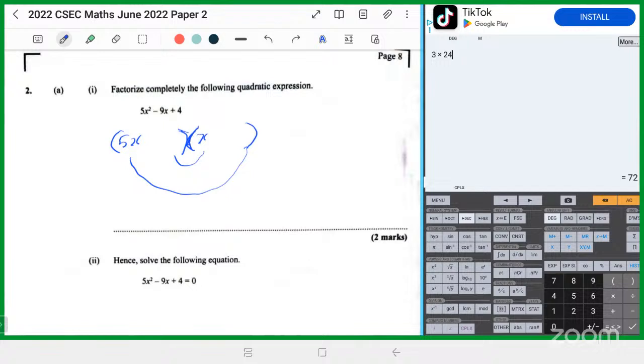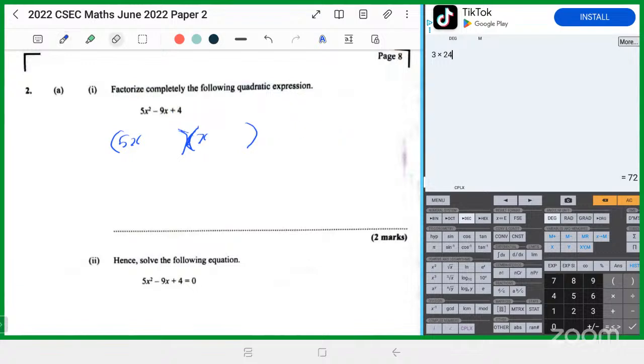I want them to add because the middle term is a sum of the far product and the near product. So we can just try factors. All the factors of 4 to try are 1 and 4, and 2 and 2.